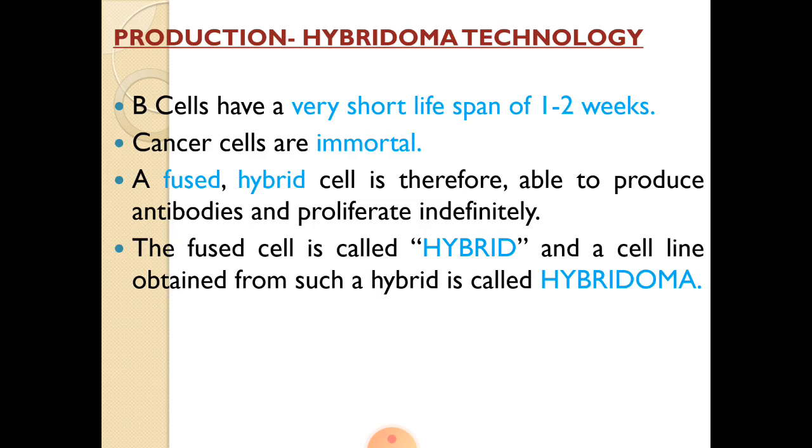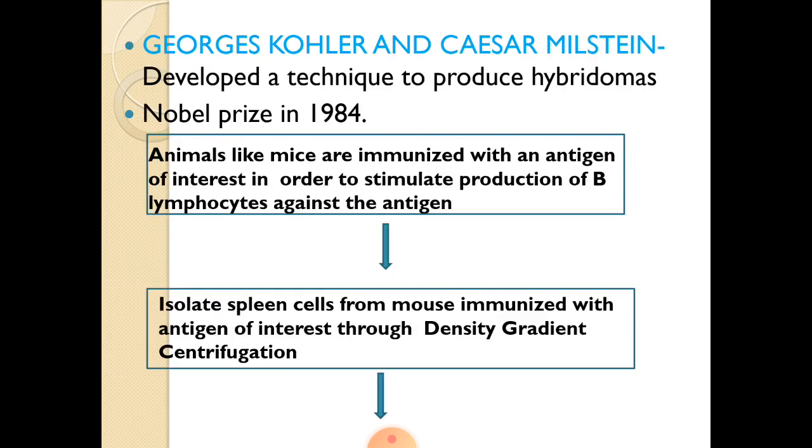The fused cell is called hybrid, and a cell line obtained from such a hybrid is called hybridoma. Georges Köhler and César Milstein developed a technique to produce hybridomas, for which they were awarded the Nobel Prize in 1984.